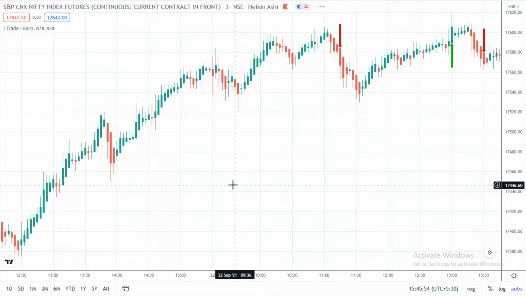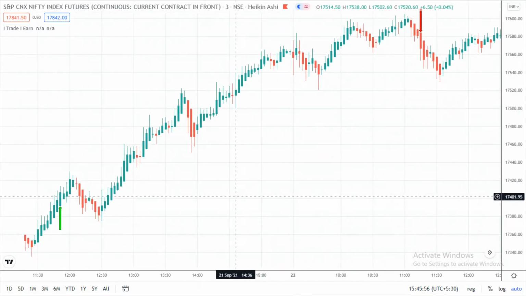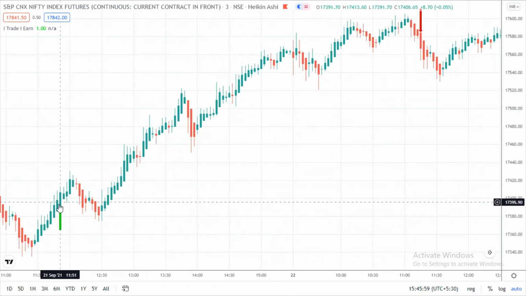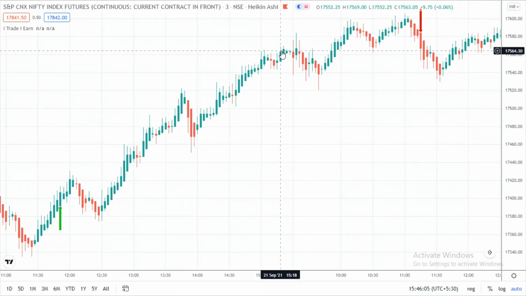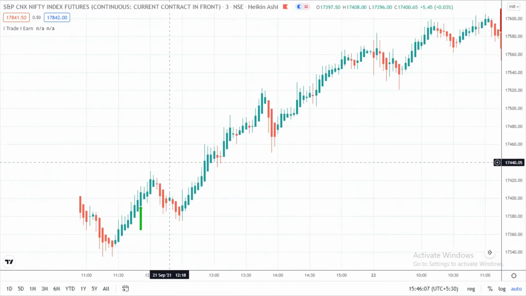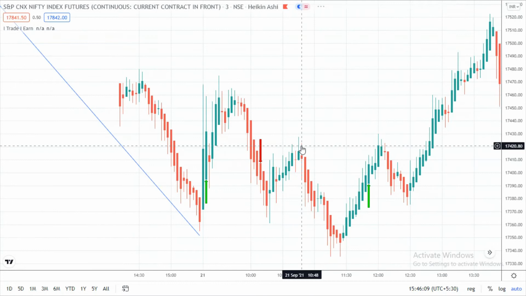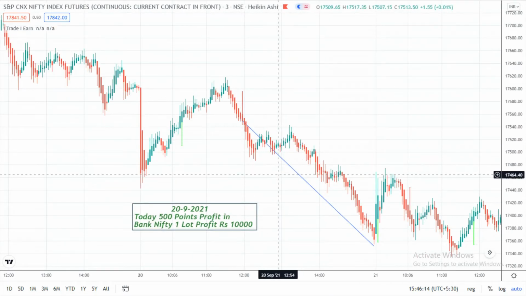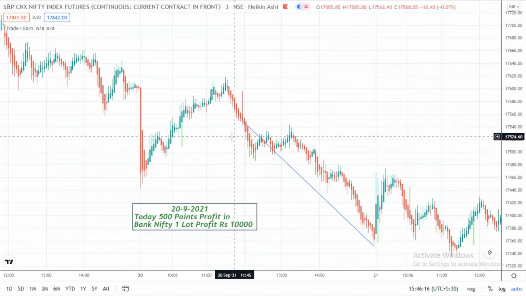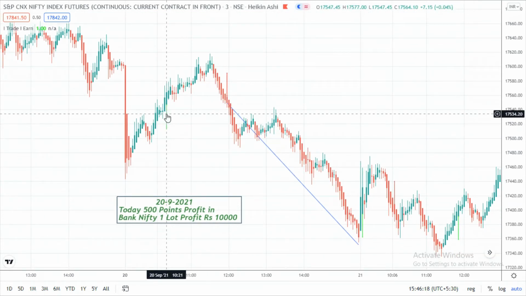Again, on 21st September we got a call here and it went up right till here, a matter of 50-100 points. Again, on 20th, here we got a buy call, a green signal generated on a green arrow.